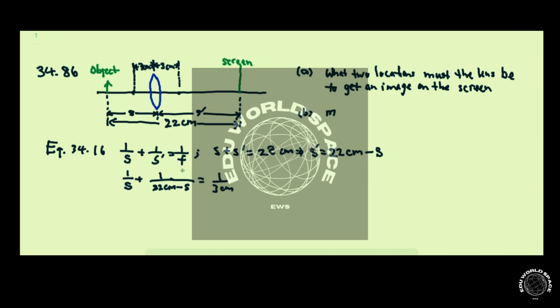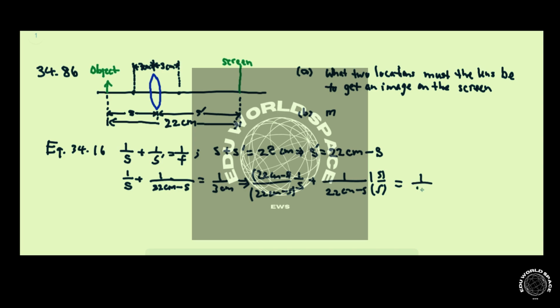We'll put the left-hand side over a common denominator. This can be achieved by multiplying 1 over S by 22 centimeters minus S divided by 22 centimeters minus S. So this is just 1, so I haven't done anything funny here. And then 1 over 22 centimeters minus S times S over S, which is again 1, but as you can see, I'll have a common denominator.